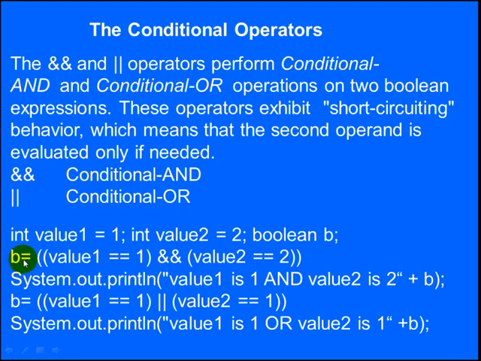Now we are writing b equals value1 equals equals 1 and value2 equals equals 2. Value1 is 1, so 1 equals 1 is true. We are using the equality operator, and the value of the value2 variable is 2, and using the equality operator here it is also true. So true and true means it is true.